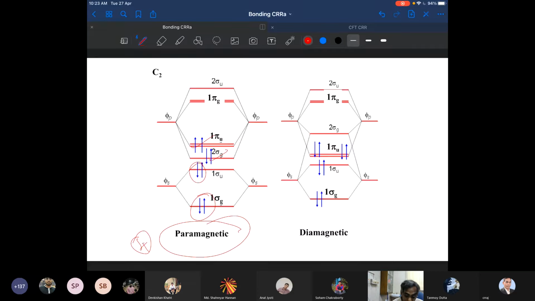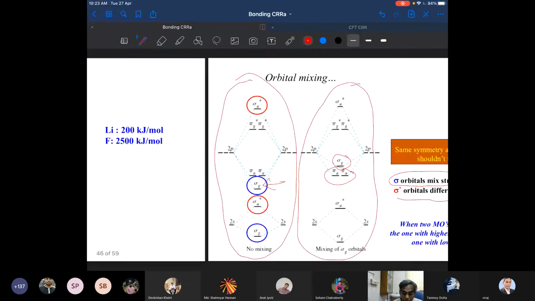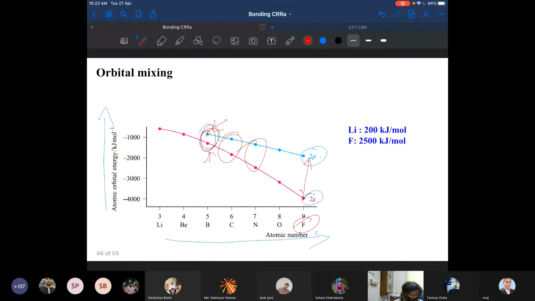Now, if you go here and see this diagram, for carbon the energy gap is less compared to fluorine and oxygen. It's a comparison, so the mixing will take place. There is a sense in talking about the mixing only from boron to nitrogen, because here you don't have p orbitals.